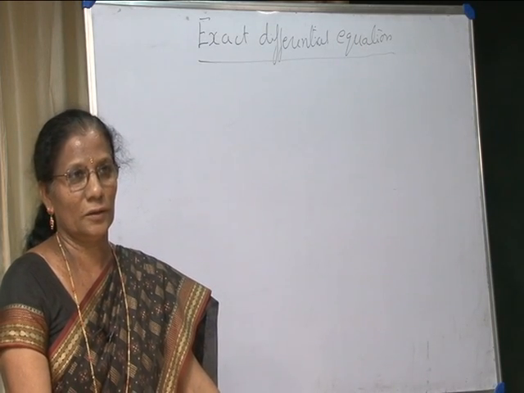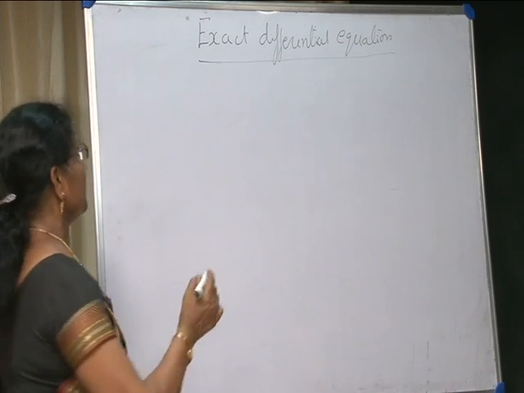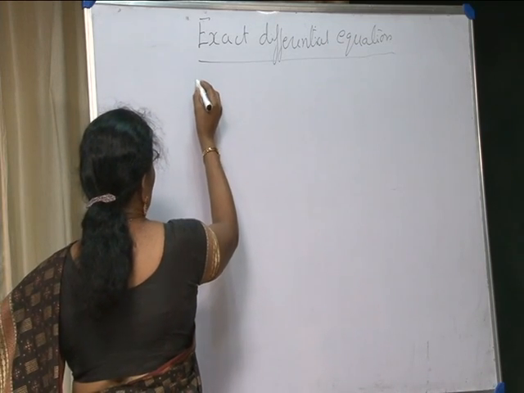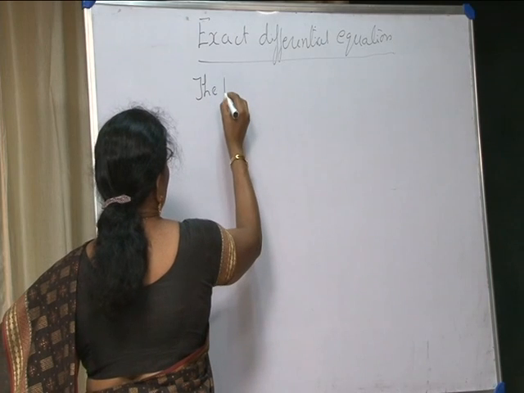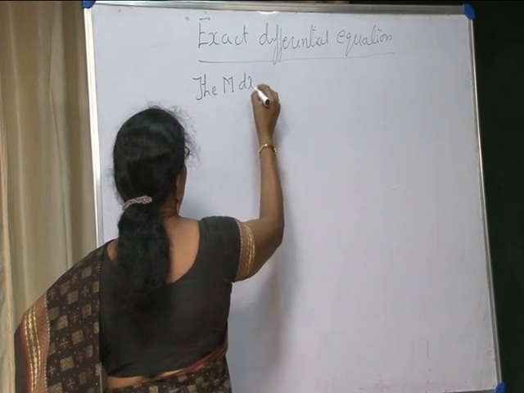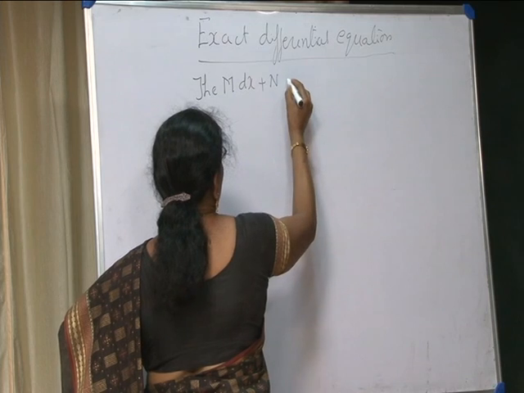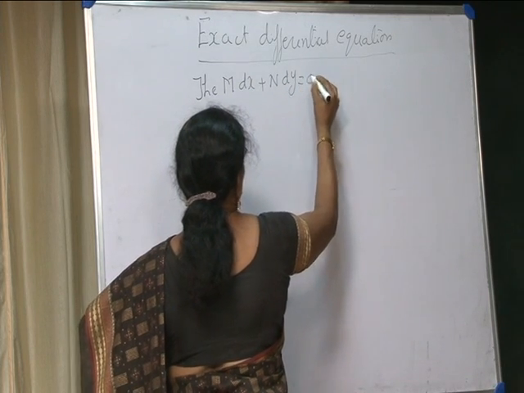Suppose the given equation is M dx plus N dy is equal to 0.